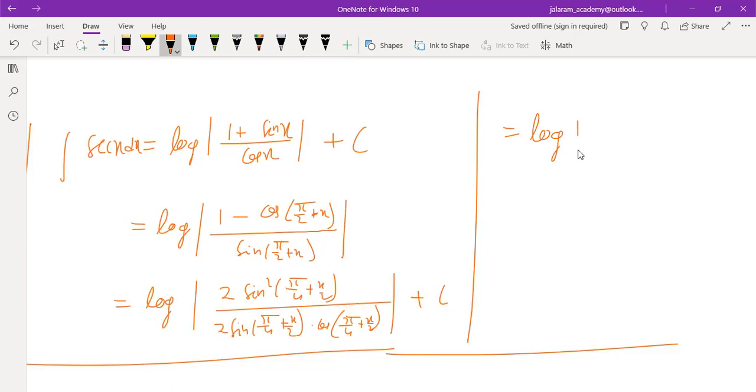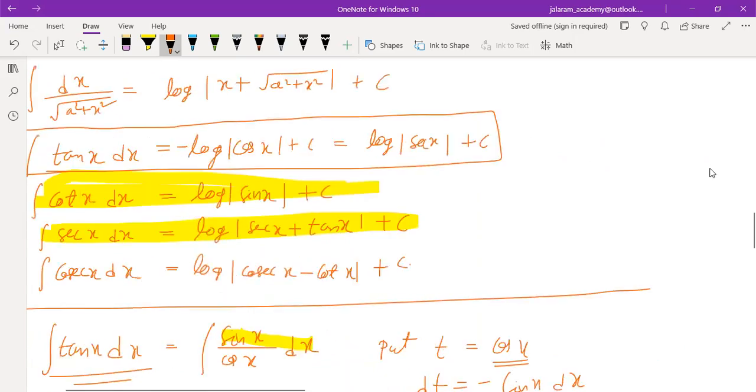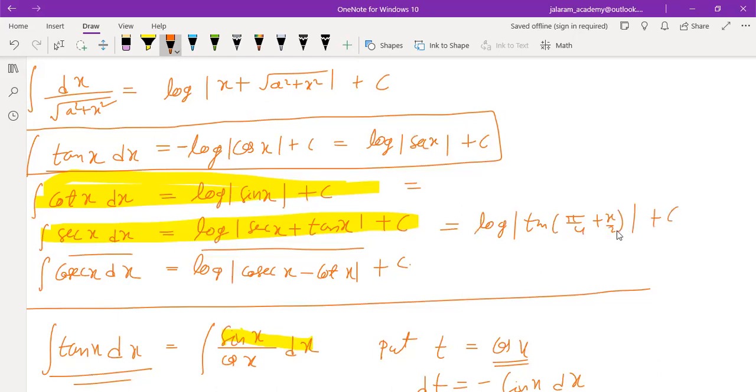So it results in log tan pi by 4 plus x by 2 plus c. So remember this formula also. The integration of sec x is log sec x plus tan x, and one more formula is log tan pi by 4 plus x by 2 plus c.